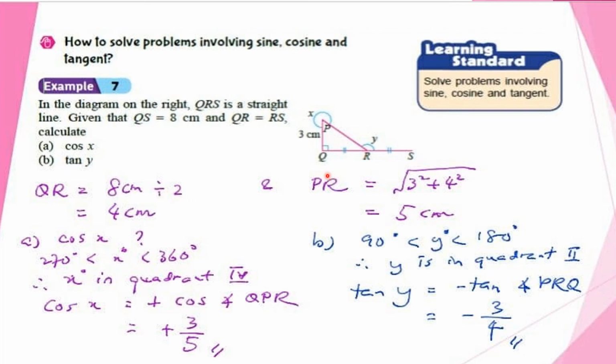To find the corresponding reference angle, you take the angle at R. So tangent Y is equal to negative tangent PRQ. The tangent for PRQ is equal to 3/4. And then we must not forget to put a negative, because the size of Y is in quadrant 2 too. So we must not forget to put a negative in front.